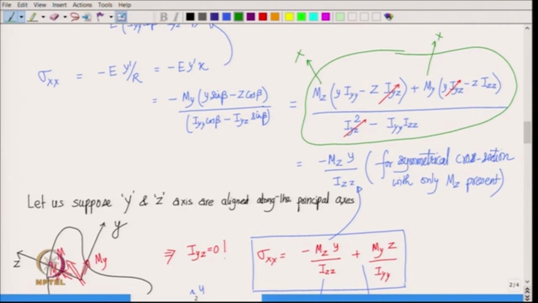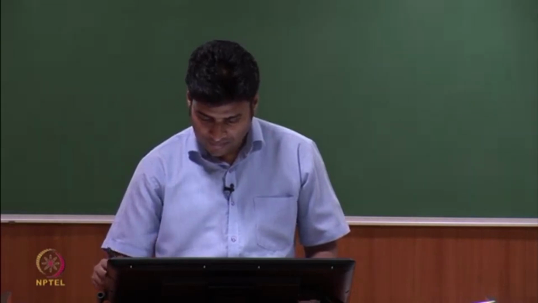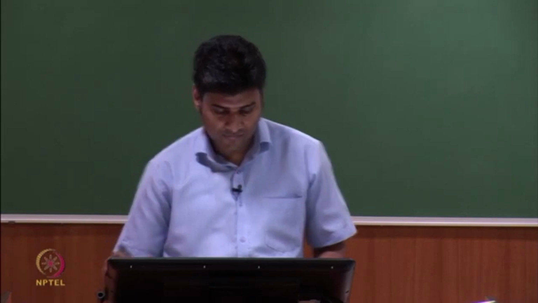Rest all, they are not functions of x: I y y, I y z, I z z. If your beam is such that the cross section is not changing, then I y y, I y z and I z z do not change with x. But m z and m y, the moment that is acting in the cross section, would only be changing with x. So, when we find out sigma x x prime, we only take the derivative of m z and m y. Okay. So, we go back and plug in the formula for sigma x x prime.